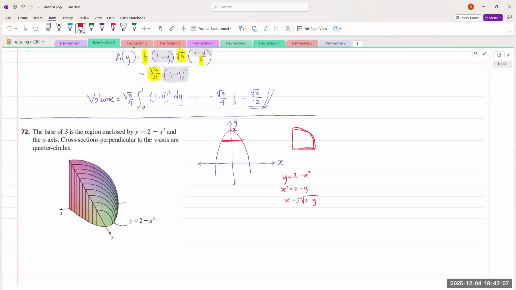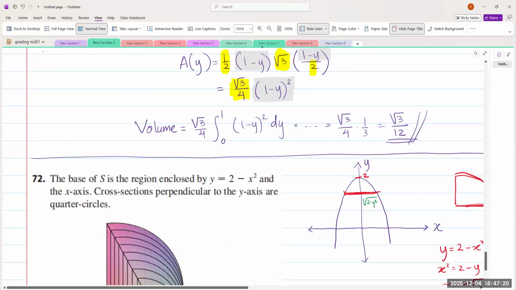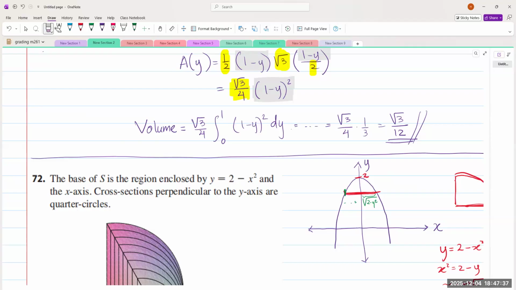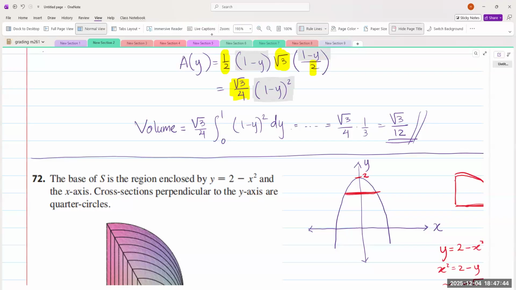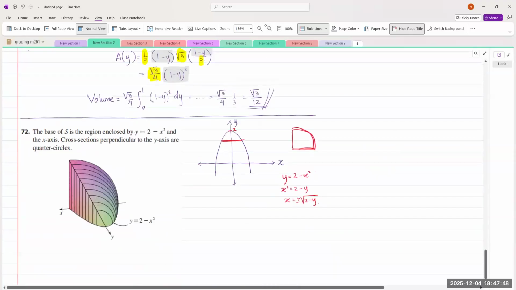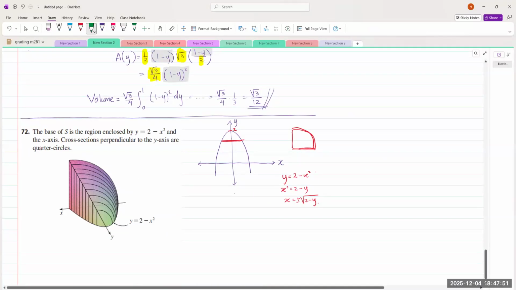So the position here is square root of 2 minus y, and the position there is negative square root of 2 minus y. So altogether, the length will be twice that square root.